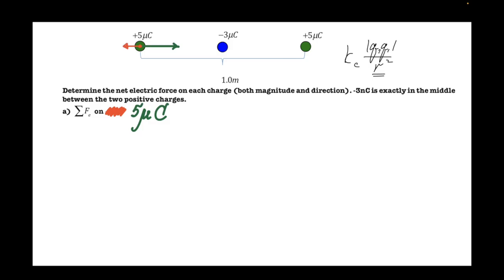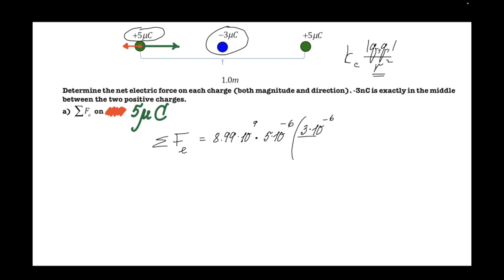Now, to find net force on our 5 microcoulombs, we're going to say 899 times 10 to the 9th, which is kc, multiplied by, each time it is 5 microcoulombs, so 5 times 10 to the negative 6th. And then the force to the right is caused by this charge, which with absolute value, I'm just going to use 3, 10 to the negative 6th.